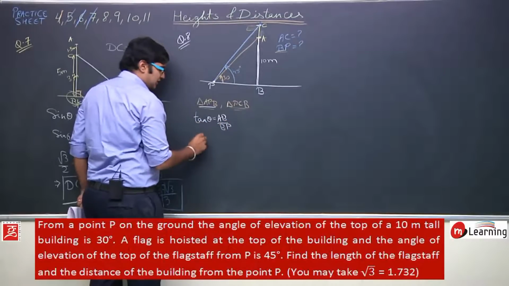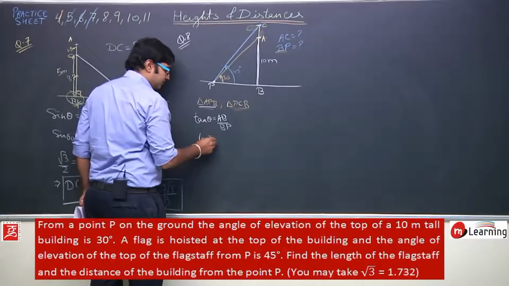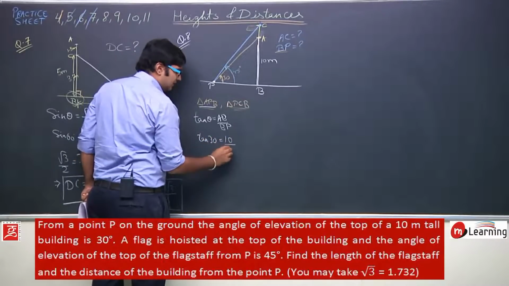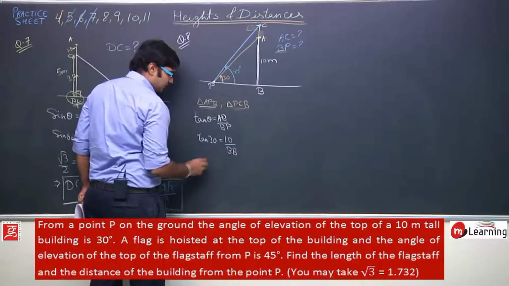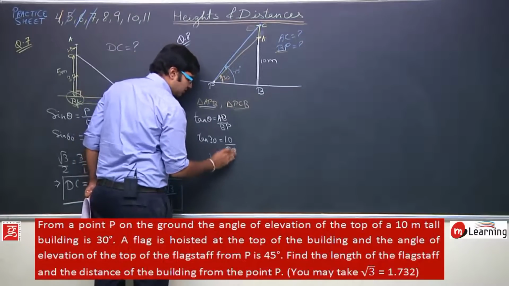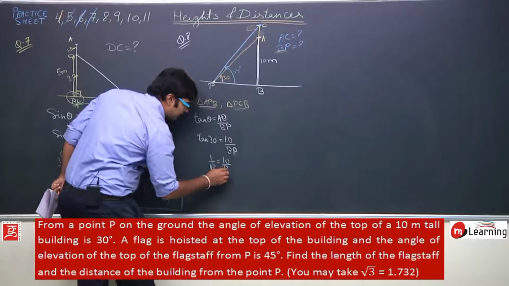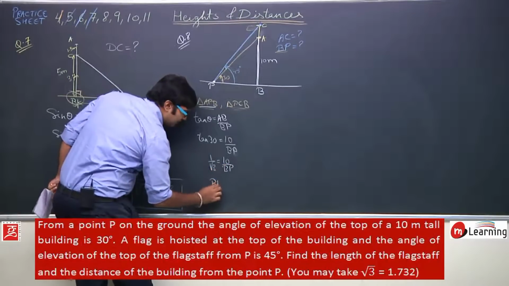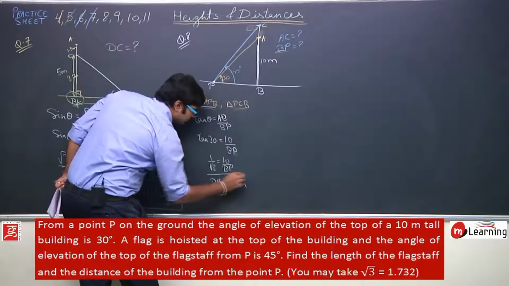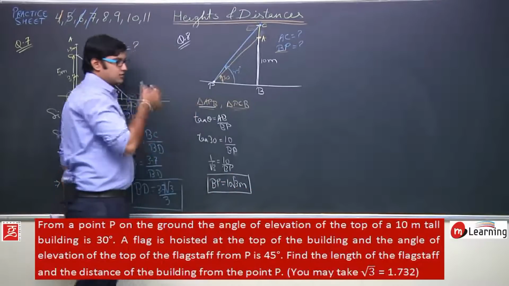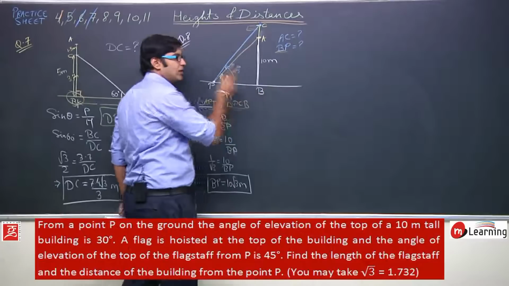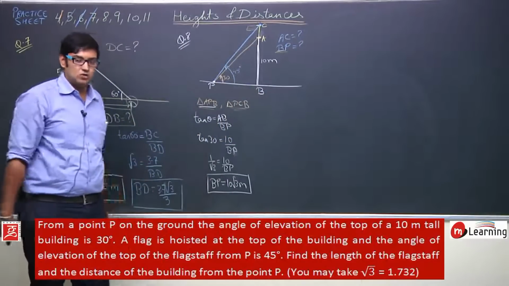So tan 30 degrees, which is equal to AB, given as 10, divided by BP. So this is 1 upon root 3, which is equal to 10 upon BP, and the length of BP is equal to 10 root 3 meters. So this is the length of the base of this triangle, or the distance of this point P from this point B. This is what I know.